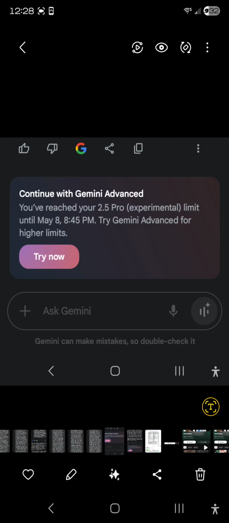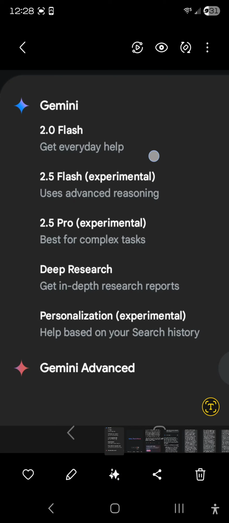It offers you to try it now. So I clicked on that drop down menu on the first screen when you click the app, and this is what it gave me. So I was like, okay, I've been using the Pro, but let me see if 2.0 will work and I'll still be able to continue to have AI for the day. And sure enough, it worked.